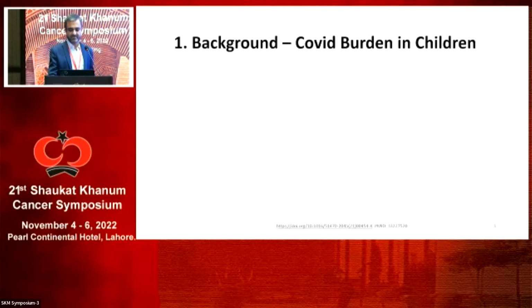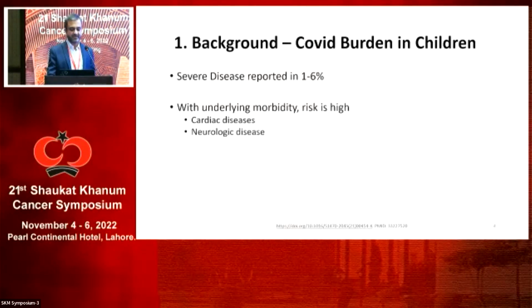And then we'll summarize. In general, in pediatric patients in community or national studies, severe disease has been reported in up to 1 to 6% of children who had a COVID-positive test.